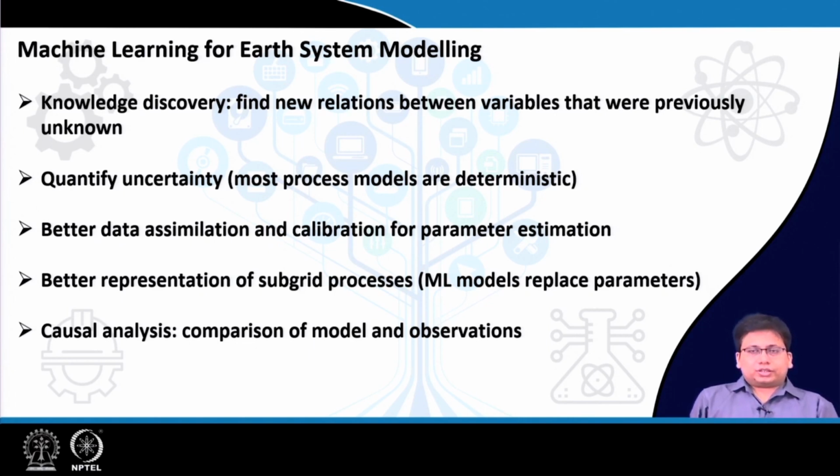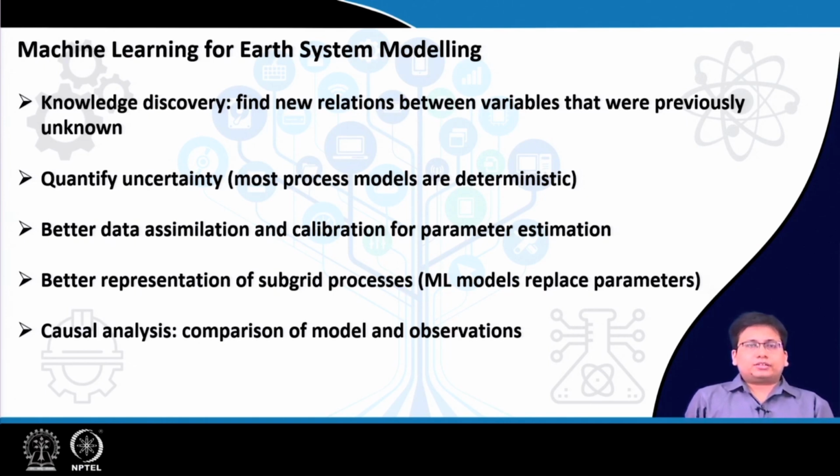So this is one very important way in which machine learning can help in the better representation of the subgrid processes, which is a proverbial Achilles heel for the earth system models.